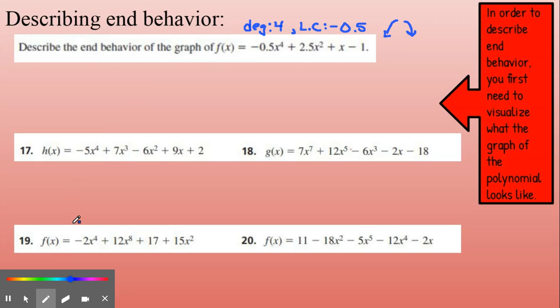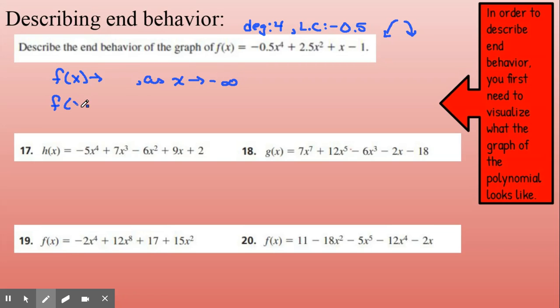So what I tend to always do is set up my limit statements first. I know it's going to be the function approaching something as x approaches negative infinity, and then the function approaches something else as x approaches positive infinity. That's your basic outline. Your end behavior is always going to be written that way.